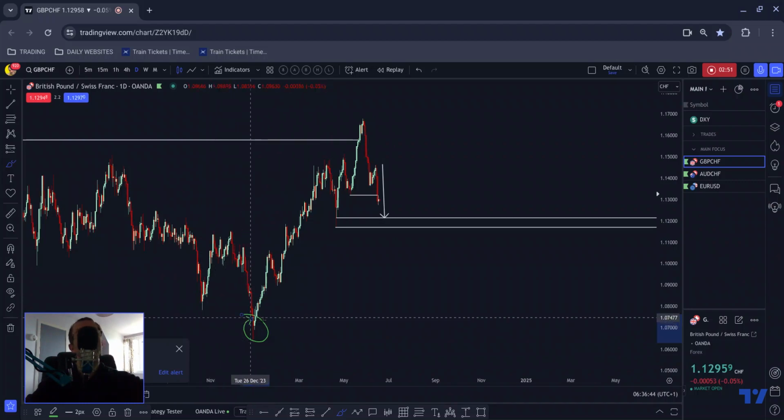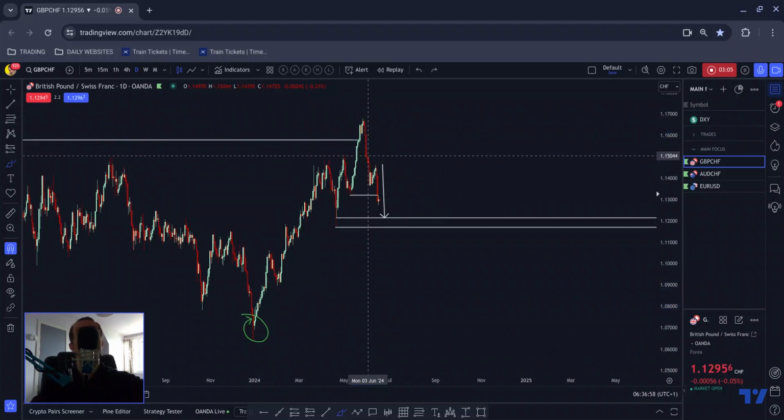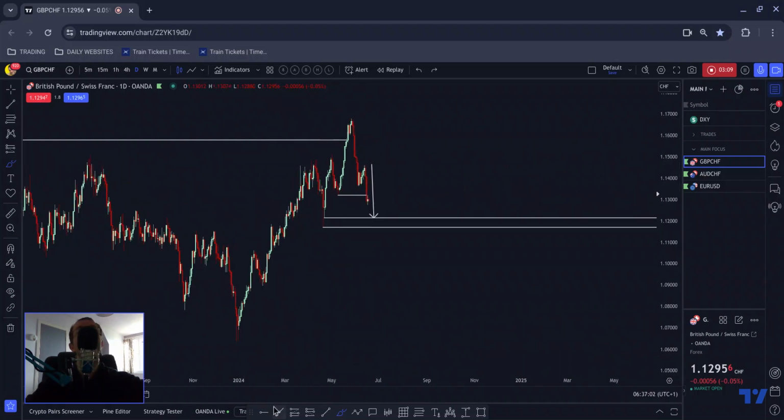So as I was saying, when we break below somewhere like this, for many of the bigger players, this just represents, from a business perspective, discounted prices. The same is true on the flip side, a discounted price for a seller, unless there's been a change of sentiment, which we can ascertain by way of the structure. So then we have the impulse down, the correction, followed by the continuation.